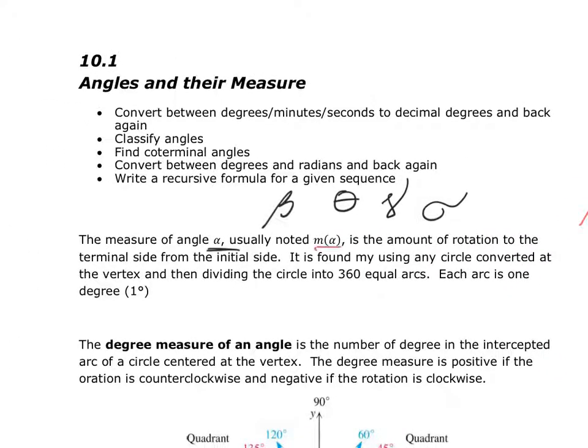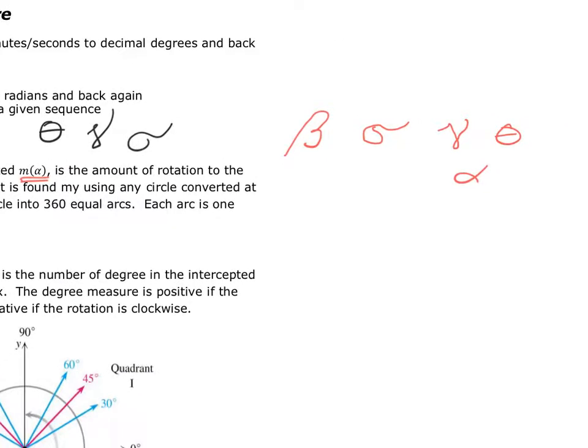When we see this M, that means we're talking about a measurement. And when we're talking about a measurement of an angle, that is how far we have rotated. Measurement of angles is the rotation from our initial side, which is where we start, to our terminal side, in which we end. Typically, we start here where x is positive.